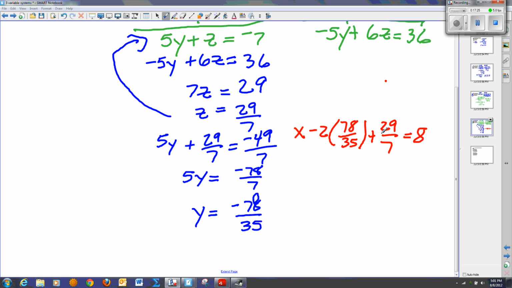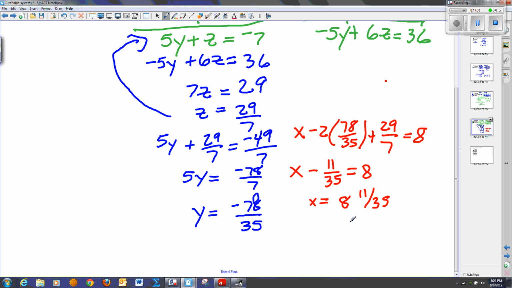All right, so using my calculator to help me out, I get x minus, these two add up to 11 over 35 negative, is equal to 8. So I'll kind of be cheap here and say that x then equals 8 and 11 35ths.